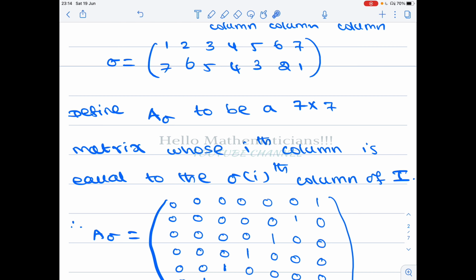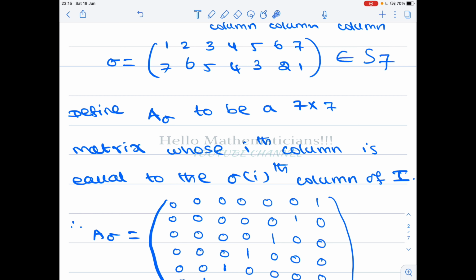But for this problem we do it for this sigma, though you can do the same thing for any sigma. Sigma is a permutation in S7 because it permutes 7 elements. If it belongs to Sn, we associate an n by n matrix to the permutation.